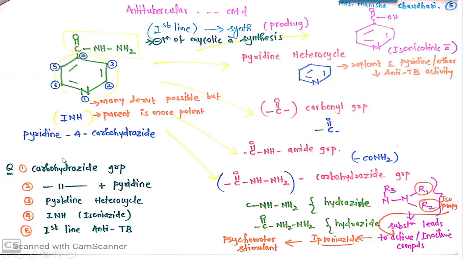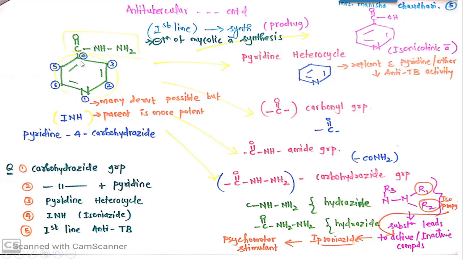IUPAC nomenclature, if you see, is pyridine 4 carbohydrazide. That means at the 4th position of the pyridine ring the functional group is carbohydrazide. The numbering is in the anti-clockwise direction: first, second, third, fourth. Even if you number from the other side, 1, 2, 3, 4.